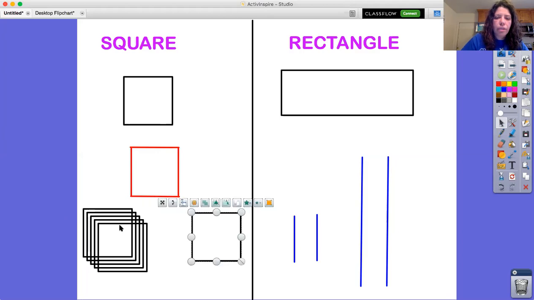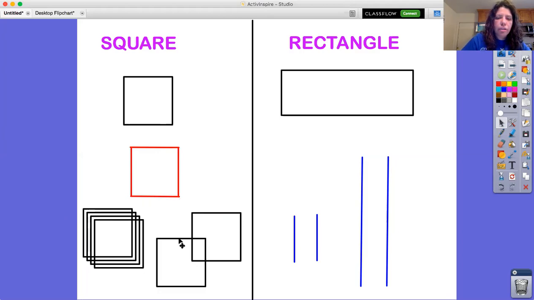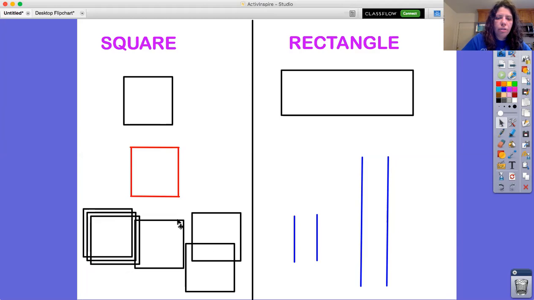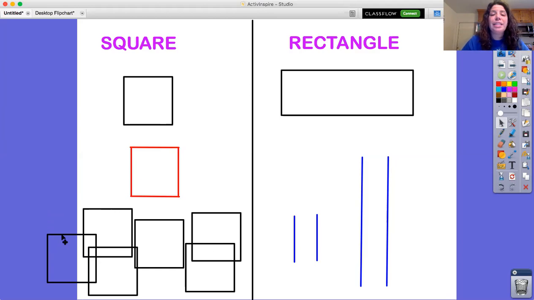So I got 1, 2, 3, 4, 5, 6. So that's 6 square faces. What 3D object could I make? If you said a cube, you are right. Go ahead and give yourself a pat on the back.